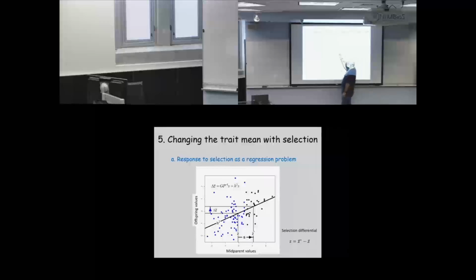Now, why is this going to be useful in natural populations, right? This seems to be a model for truncation selection. But as a matter of fact, we can have a sample of parents that are the parents that survive, for example, and the sample we're looking at doesn't have to be formed by truncation selection on some sort of threshold.